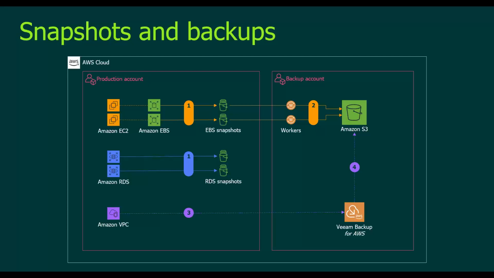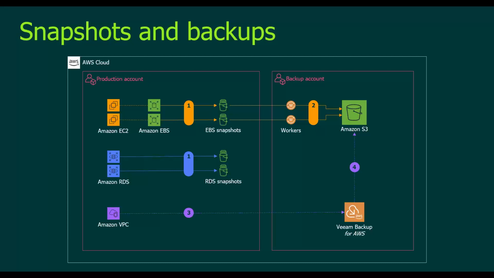Once we're done with that, we just destroy the worker and it gets removed from the system. This is all being controlled from the Veeam Backup for AWS appliance. In this case, the backup appliance has been located in the backup account, and it's talking to the production account with the correct IAM policies.